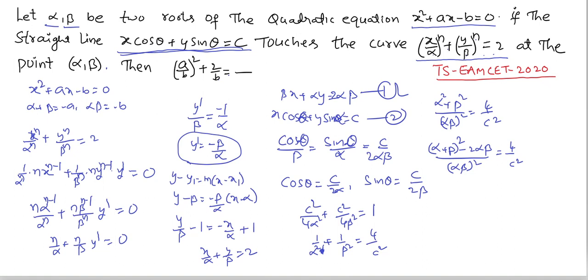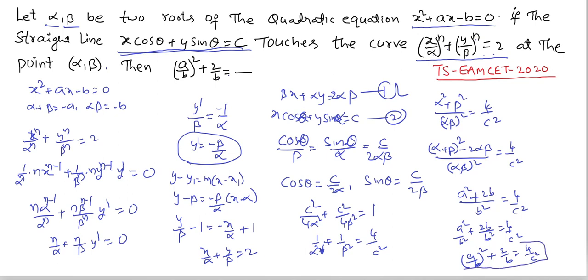So the value of a by b whole square plus 2 by b is equal to 4 by c square.